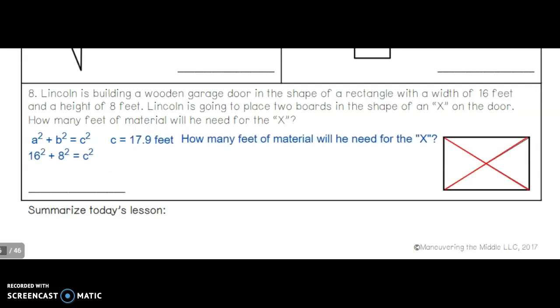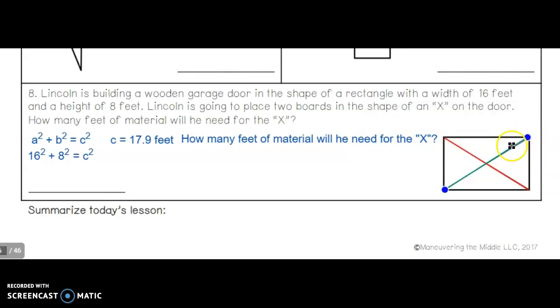Okay, so you should have gotten that C equals 17 and 9/10 feet. If you didn't quite round it all the way, you would have gotten 17.8885. That should be what's on your calculator. But our final question is, how many feet of material will he need for the X? So that 17 and 9/10 is just one diagonal.